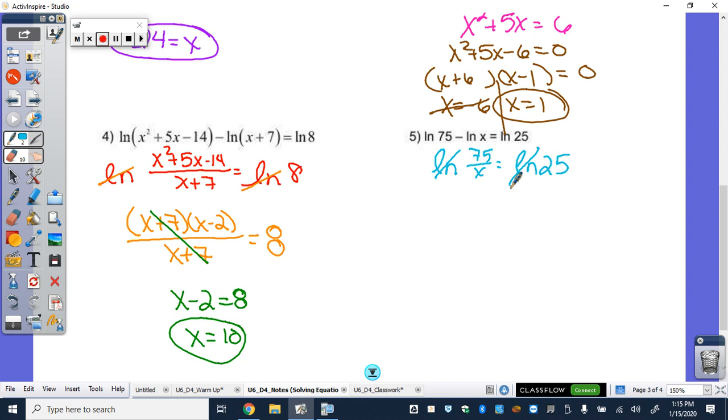What should we do? I mean, you could put this as over 1 and then cross multiply. Other people say multiply both sides by x, which also works too. So divide by 25 and we get x equals 3.